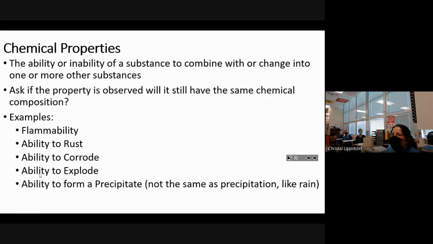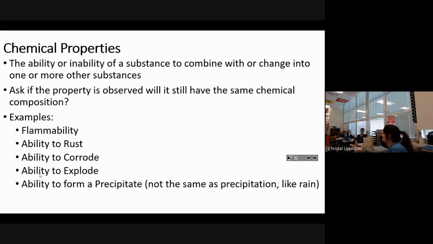All right. So chemical properties are the ability or inability of a substance to combine with or change into one or more other substances. So if you can observe the property, and when you're done making that observation it's the same thing, then that was a physical change.